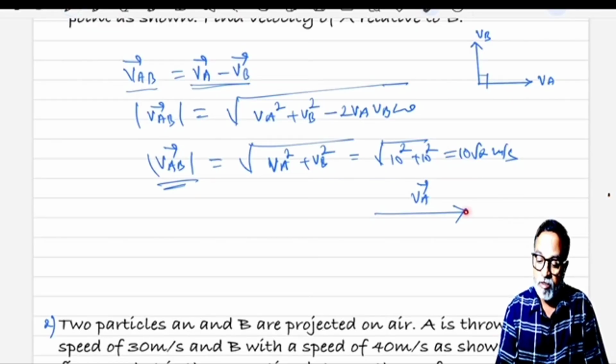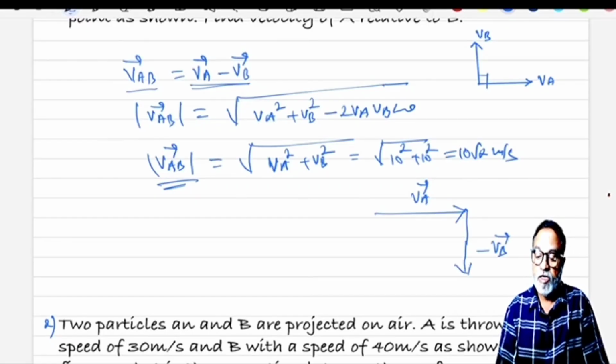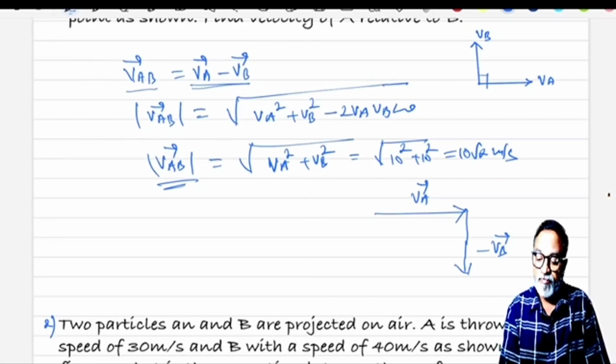Therefore, here this should be minus VB bar. Now join the tail of the first vector to the head of the second vector. Here this is the velocity of A with respect to B. Now this is the direction.